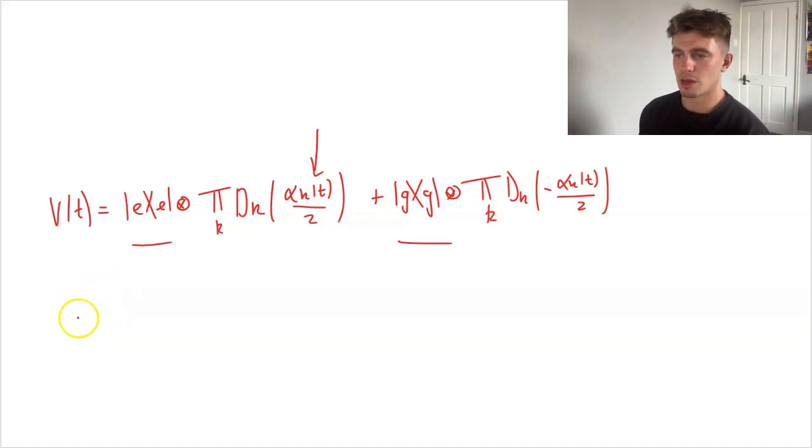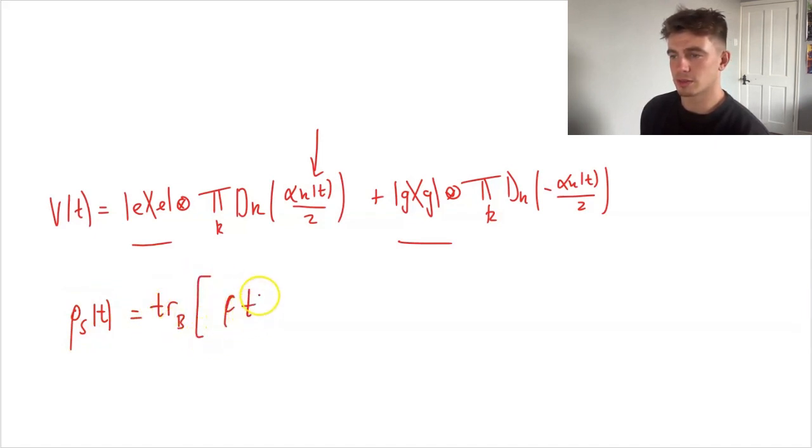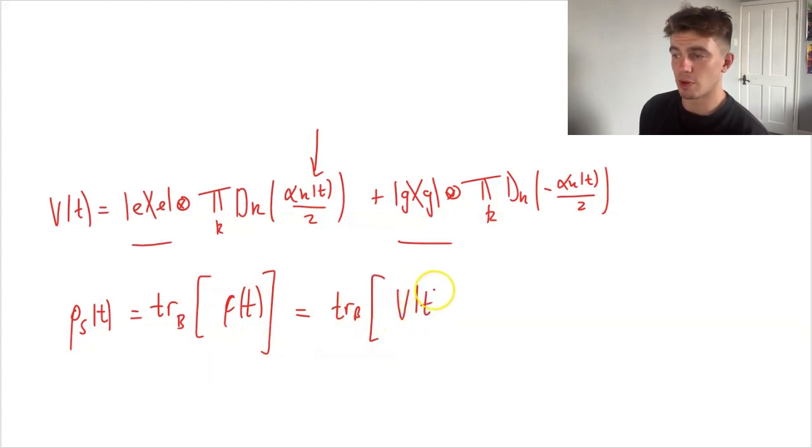And how are we going to do that? Well, the reduced state of the system is just going to be the trace over the bath degrees of freedom of the entire time-dependent state. And the time-dependent state is going to be given by the initial state that's been evolved by this time evolution operator.